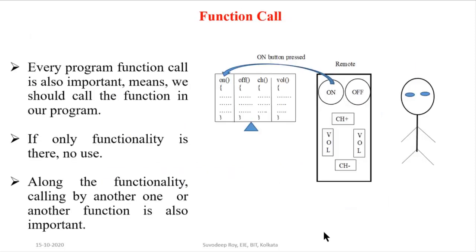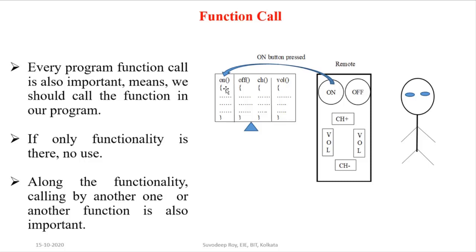Next, coming to function call. If a program has a function, the function call is most important, because if we never call the function, then there is no use in writing it. Taking an example, in a TV many functions are there.